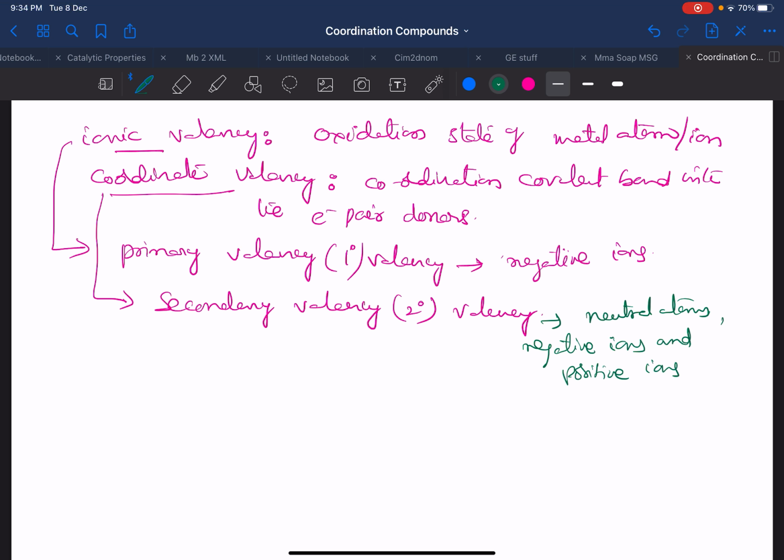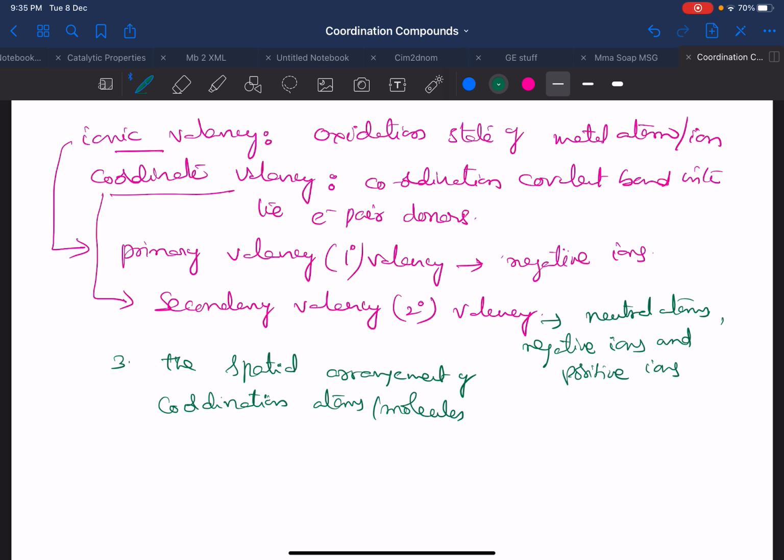So the spatial arrangement of coordination atoms or molecules, that means the electron pair donors or ligands.